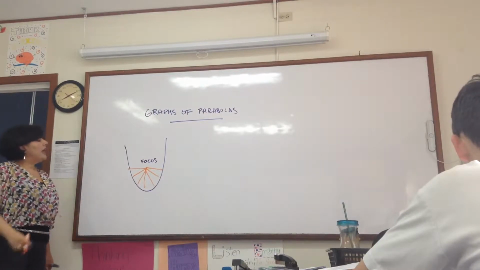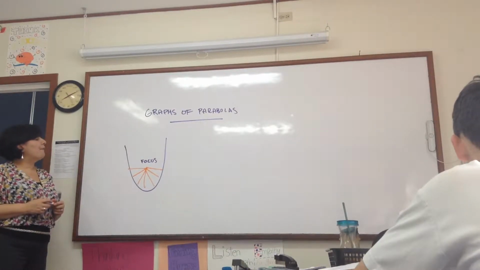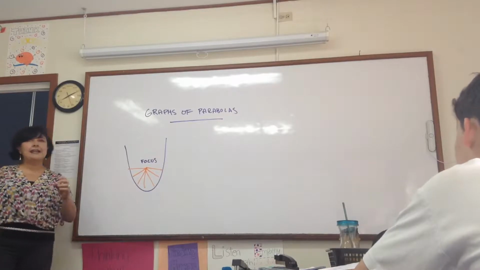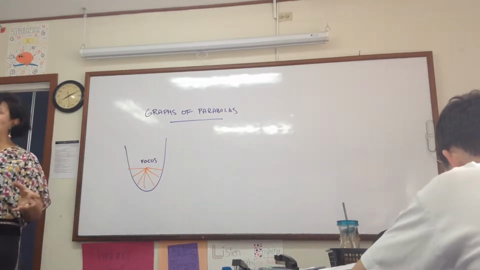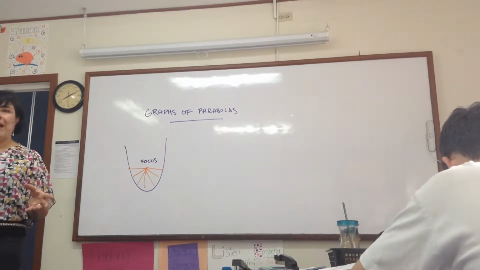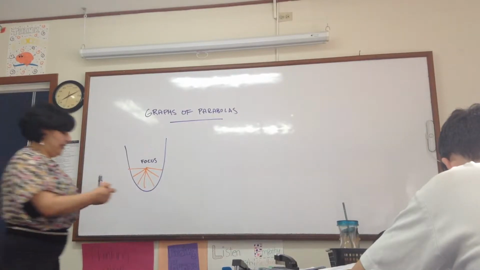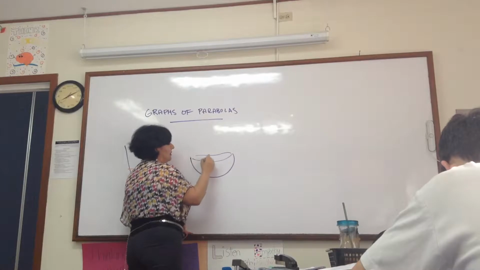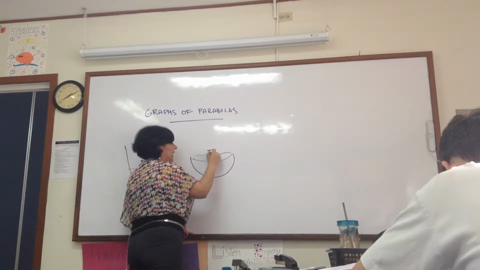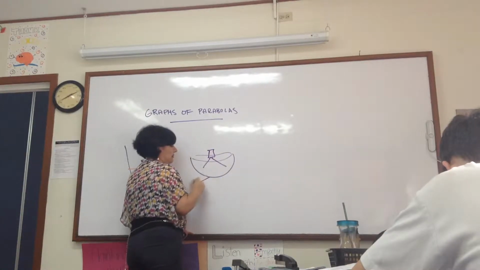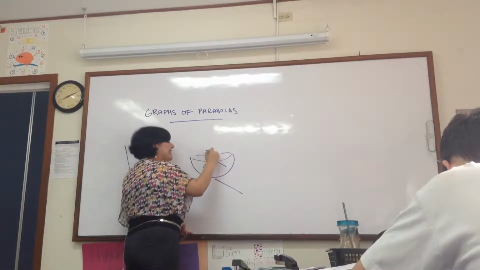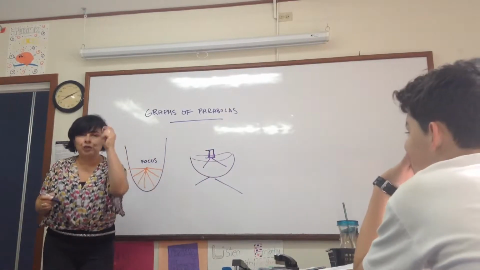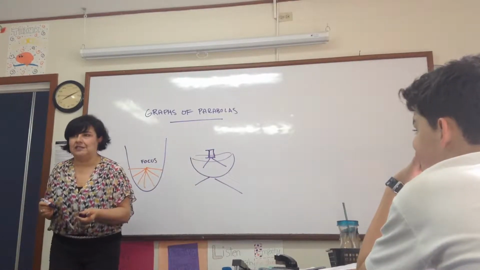Okay? And the focus is when you see, have you ever seen a parabolic dish or a parabolic antenna? They look sort of like this. And they've got this thing like here. This thing is located at the focus.